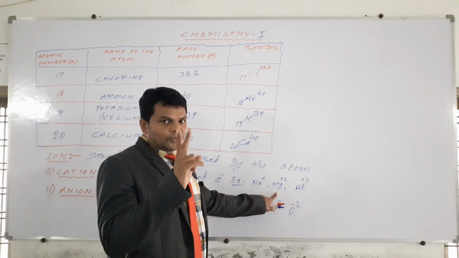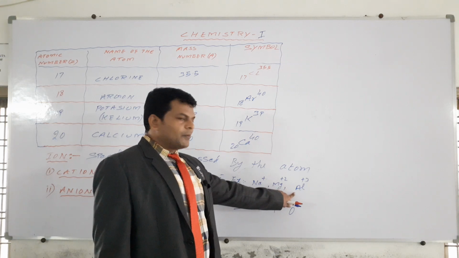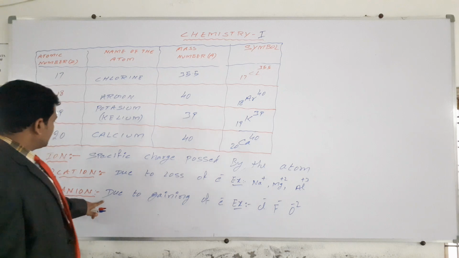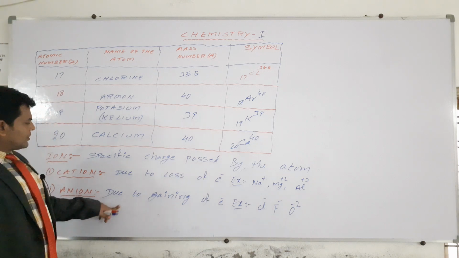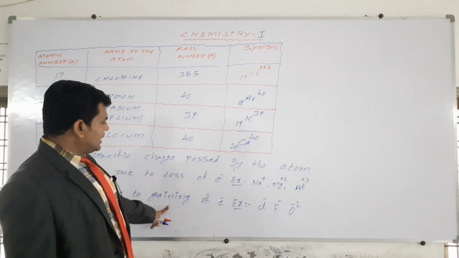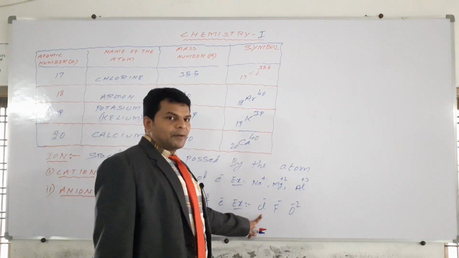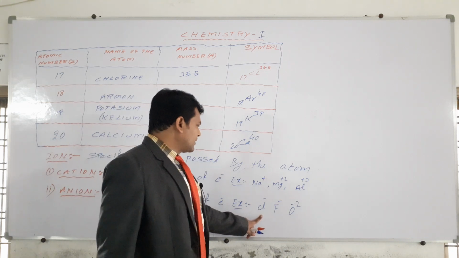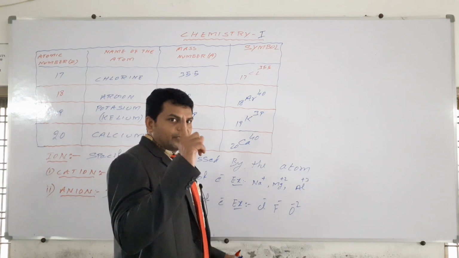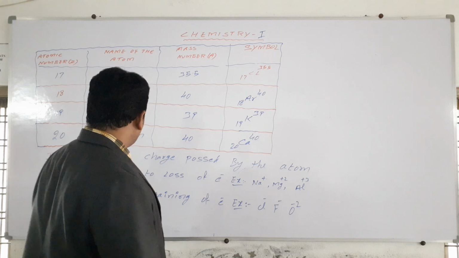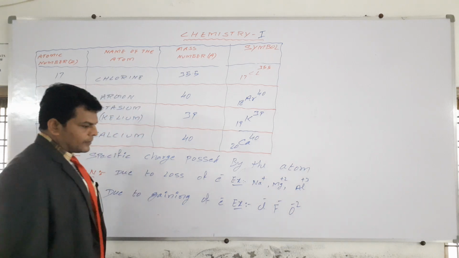Mg plus 2 means due to loss of 2 electrons. Al plus 3 means due to loss of 3 electrons. And then anions are formed due to gaining of electrons. So example, Cl minus due to gaining of 1 electron, F minus due to gaining of 1 electron, oxygen minus 2 due to gaining of 2 electrons. This is cation and anion.